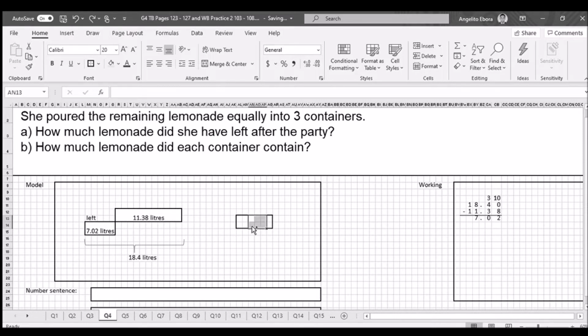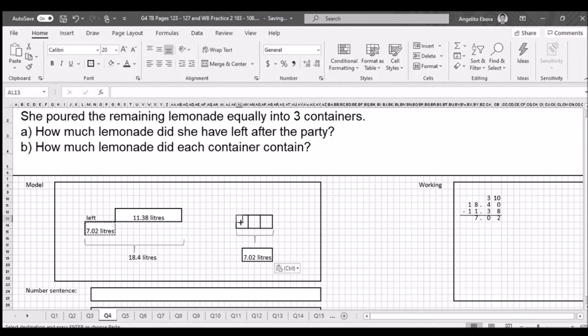Equally. So they're the same. They're equal. So this one is 7.02 to get each one of them.